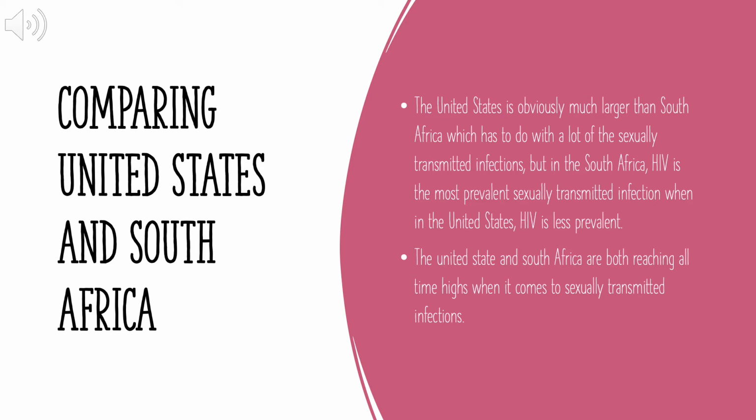But in South Africa, HIV is definitely the most prevalent sexually transmitted infection, and in the United States, HIV is definitely less prevalent. It's more gonorrhea and syphilis and hepatitis. The United States and South Africa are both reaching all-time highs when it comes to sexually transmitted infections.